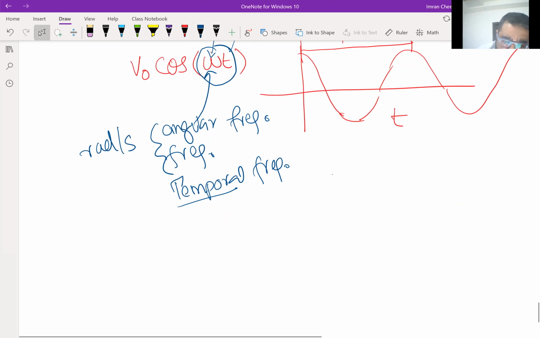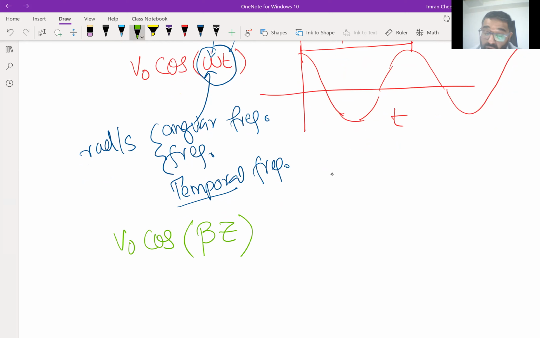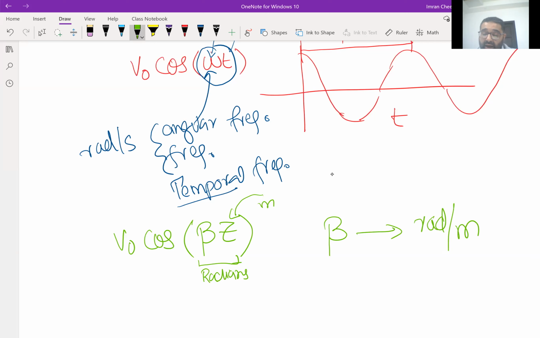Now if I write another function, cos beta z, mathematically I have to be correct. This is in the unit of radians. I can't have anything other than units of radians. We know that z is in the unit of meters, so this beta is in the units of radians per meter. So this is again a frequency, no problem in that.